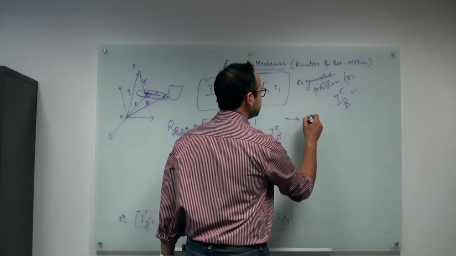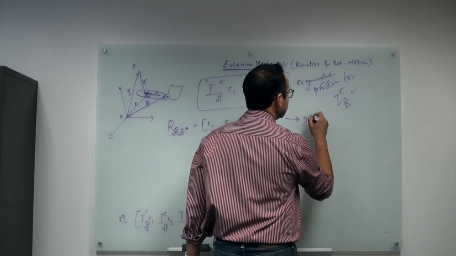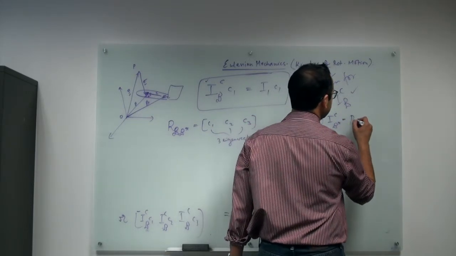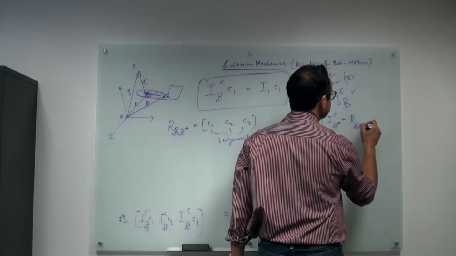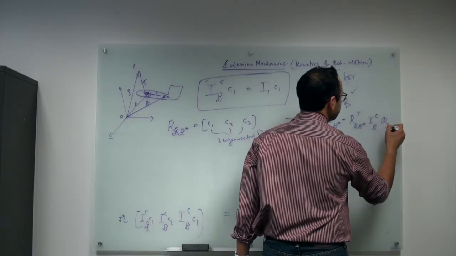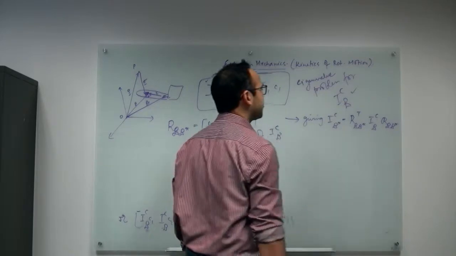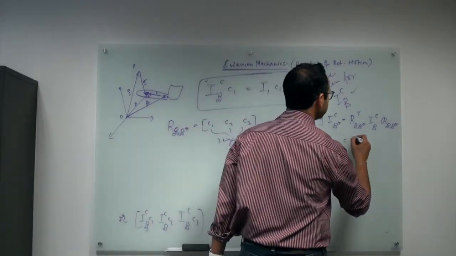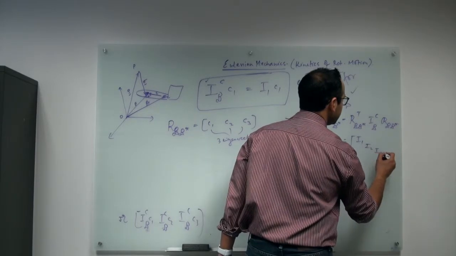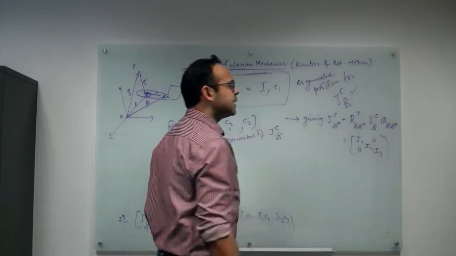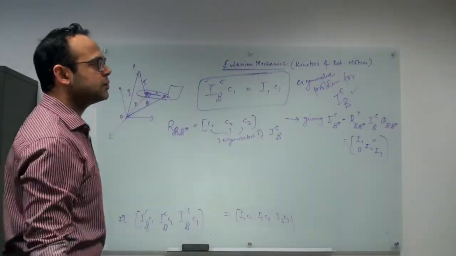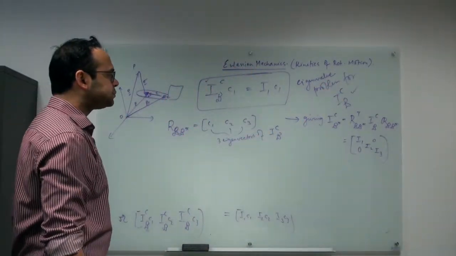So you get I^C_B* as R_BB* transpose I^C_B R_BB*, equal to, you don't even have to do this, because once you solve the eigenvalue problem, you know that this inertia matrix is going to be diagonal and the diagonal entries are going to be the eigenvalues, right?